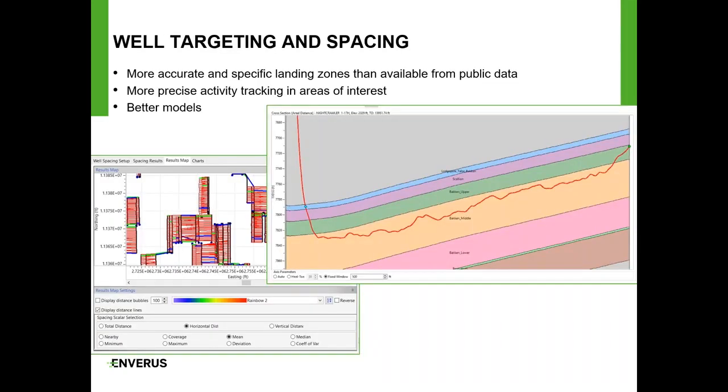And then some of the stuff that we've added recently is what I would call specialized calculations. And this has gotten a lot of traction with users. So well targeting and well spacing would be examples of this, where we've designed these to kind of support our data analysis workflows.